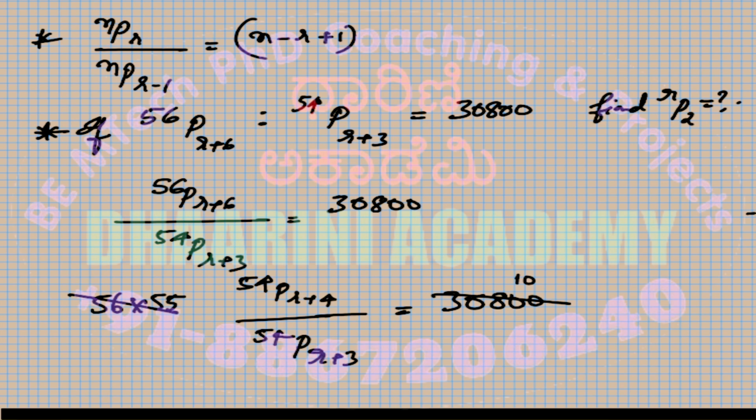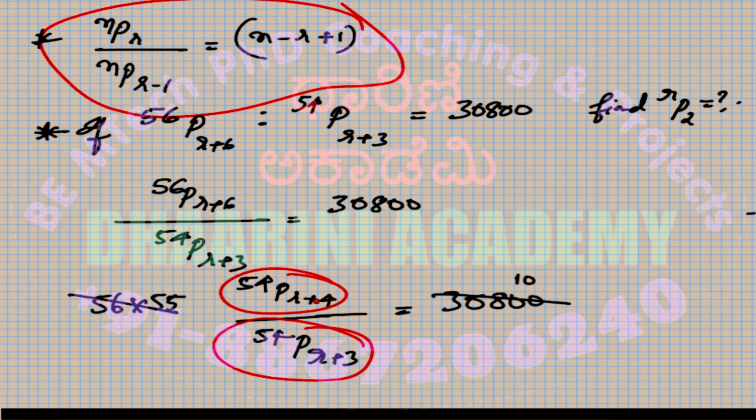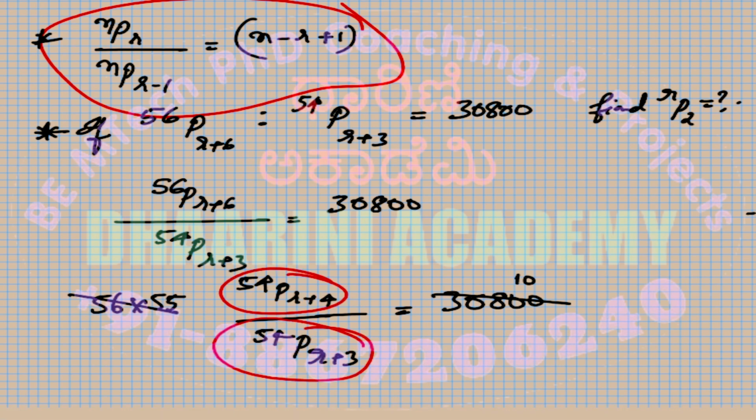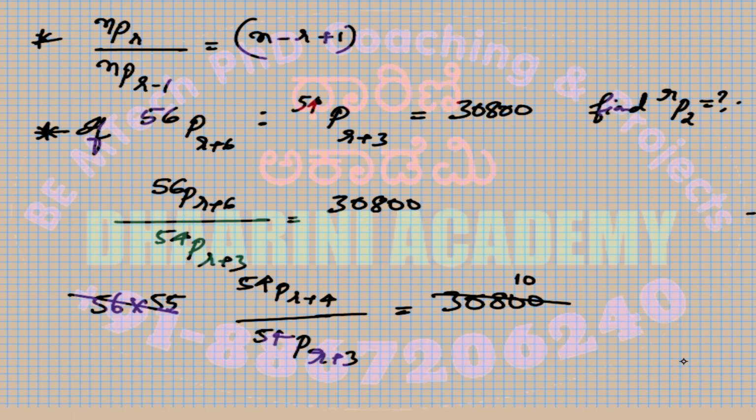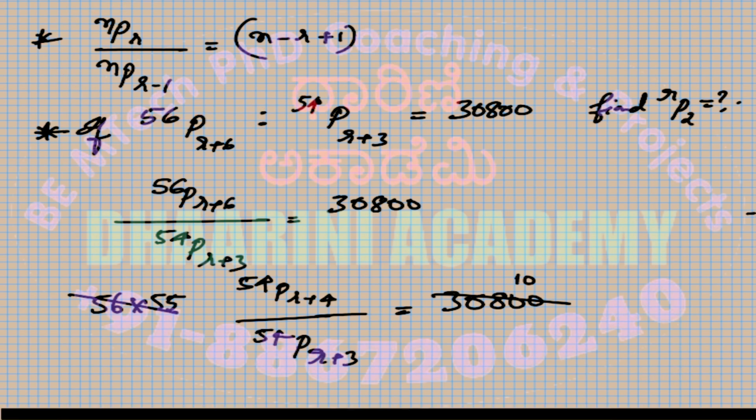Now apply another formula. The formula which you are going to use now is this one: nPr by nP(r minus 1). So this is nPr, this is nP(r minus 1). r plus 4 and r plus 3 are different; there is a difference of 1. So that formula I can apply, which gives n minus r plus 1.